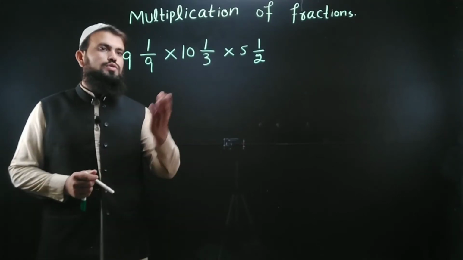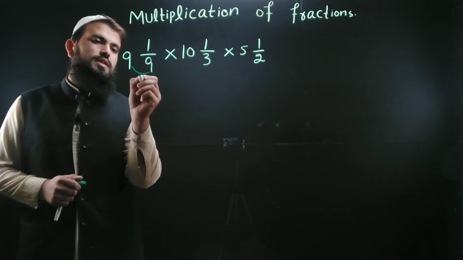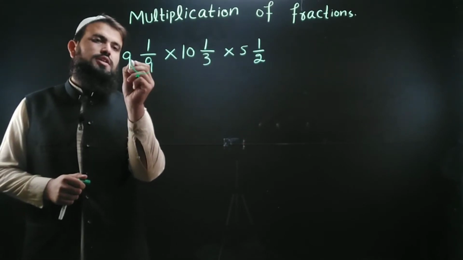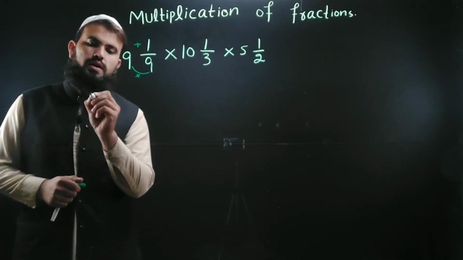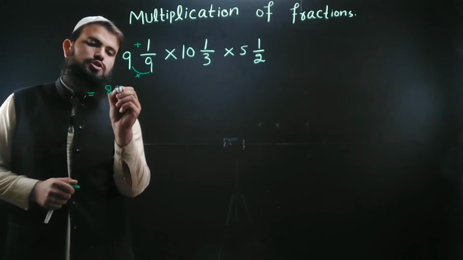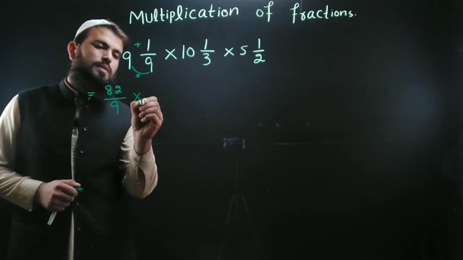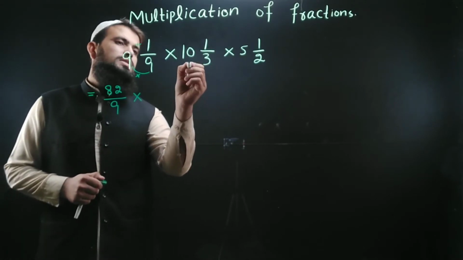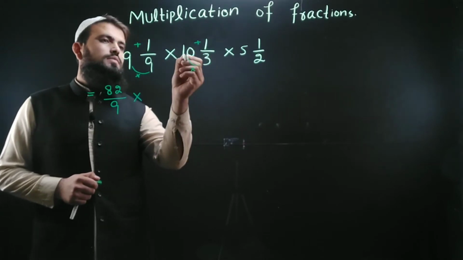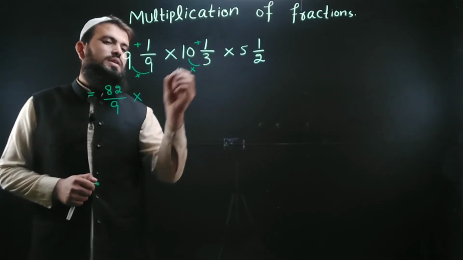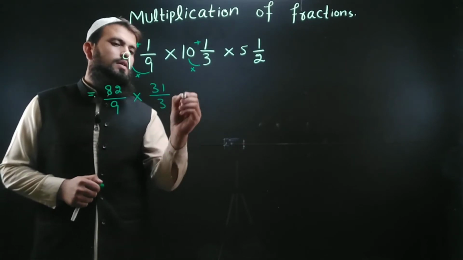Hello friends, how to solve this type of question? These two numbers are multiplying with each other. 9 times 9 is 81, 81 plus 1 is 82, so 82 by 9 multiplying with 3 times 10 plus 1. 3 times 10 is 30, 30 plus 1 is 31, so 31 by 3 multiplied.